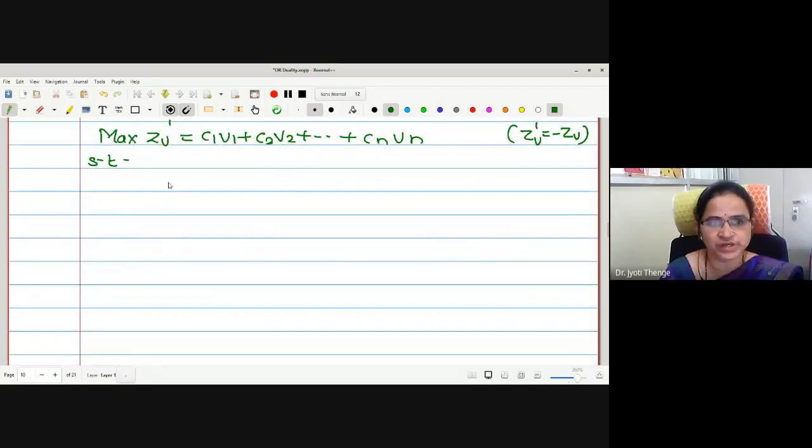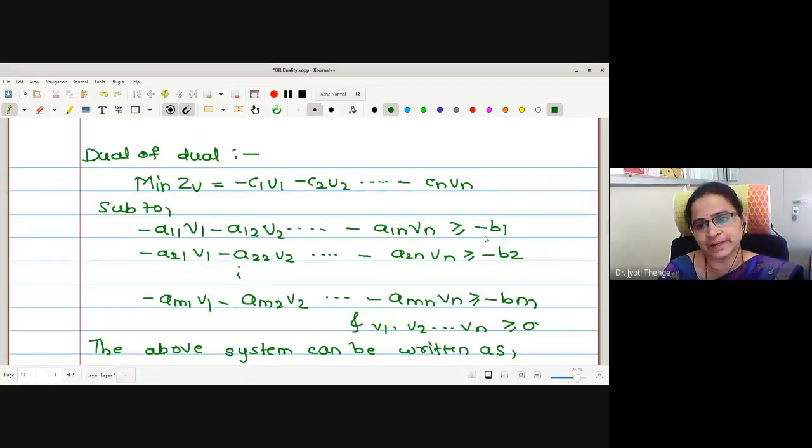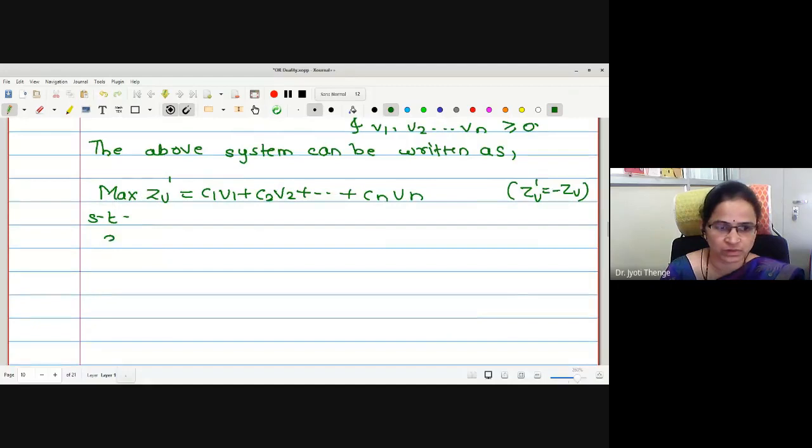And what are my constraints? The constraints should be multiplied by negative signs, so that all these greater equal become less equal, absorbing the negative. A11 v1, A12 v2 up to A1n vn less than or equal to b1.